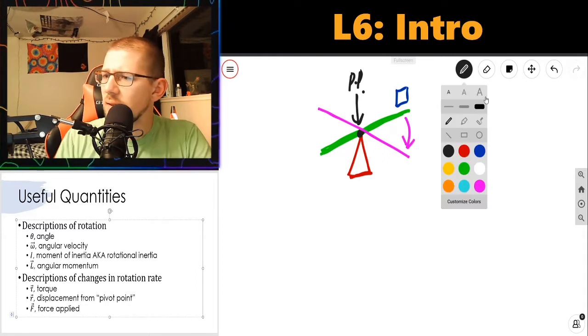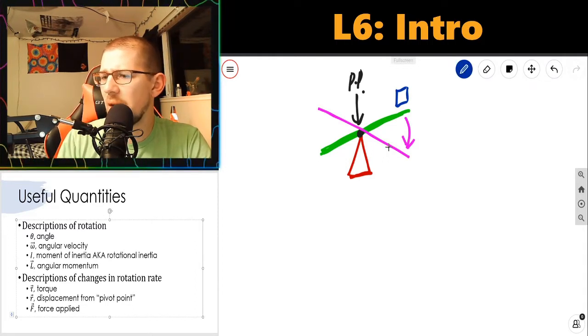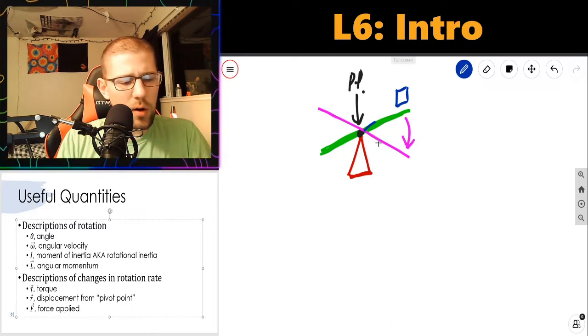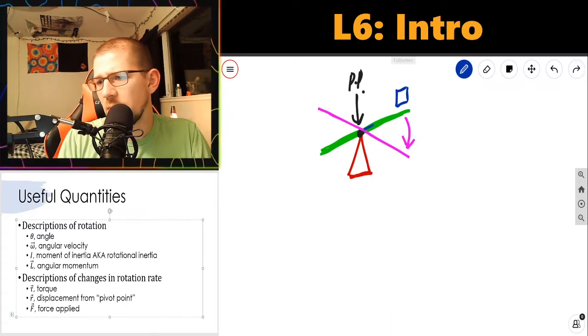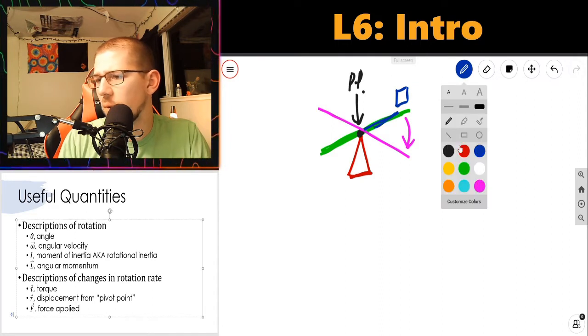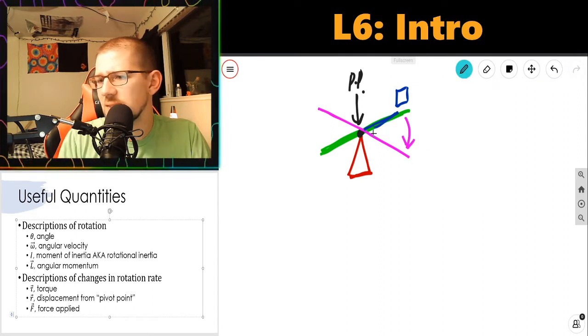All right, and a displacement vector R is just something that's drawn out from that position. Typically what we're going to do is draw out a displacement vector to some point where a force is applied. So here, the mass falling on my seesaw is going to cause a force, right?